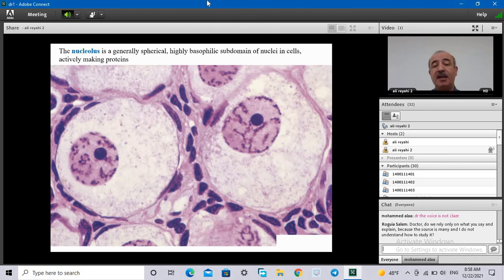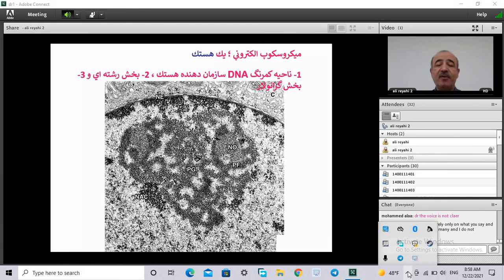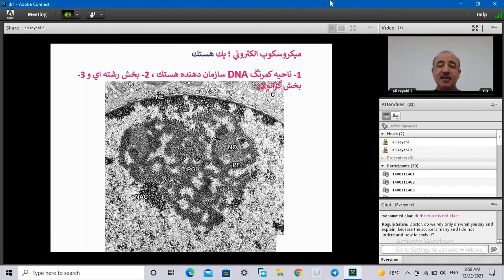Each subunit of the ribosome, if you remember, contains 4 types of ribosomal RNA, and you know that the ribosomes are involved in the synthesis of proteins. So the nucleolus, within the nucleus, is involved in protein synthesis.